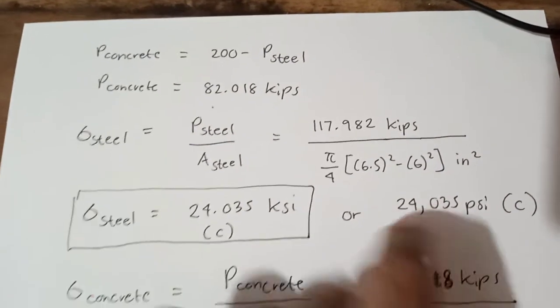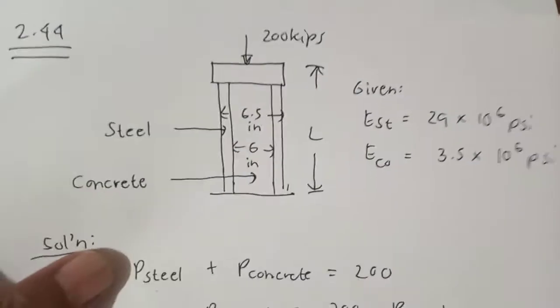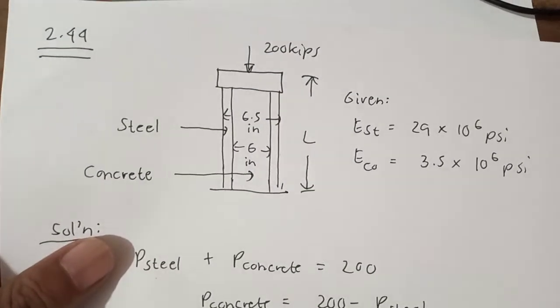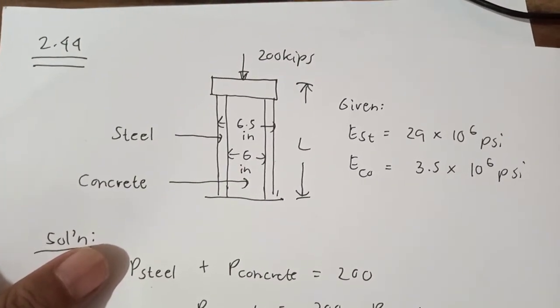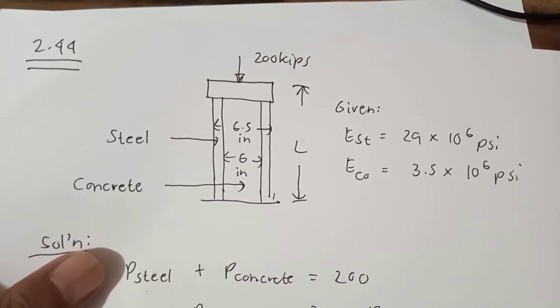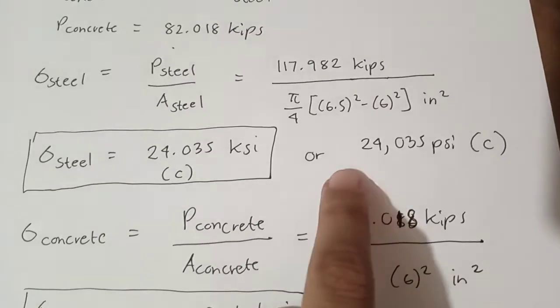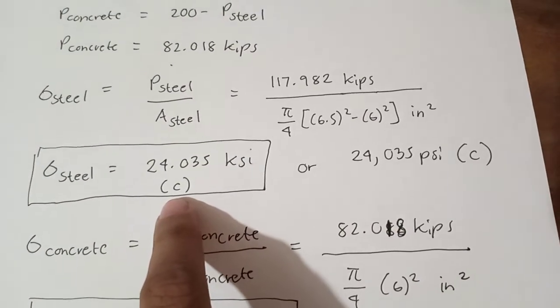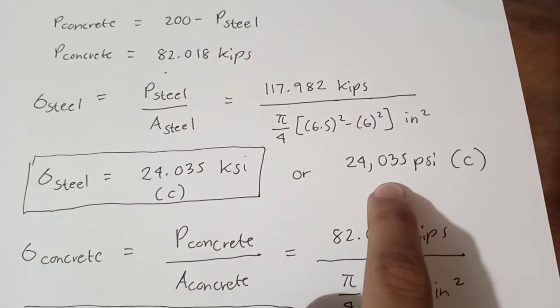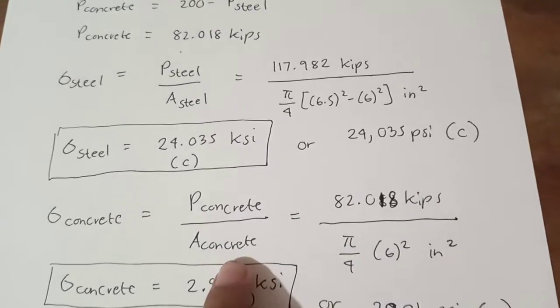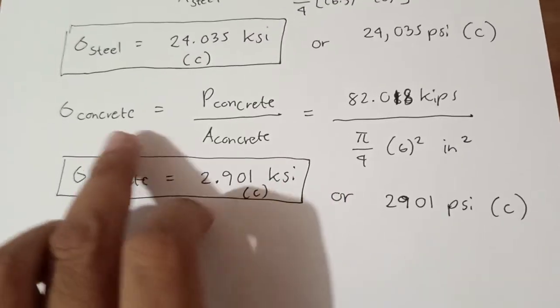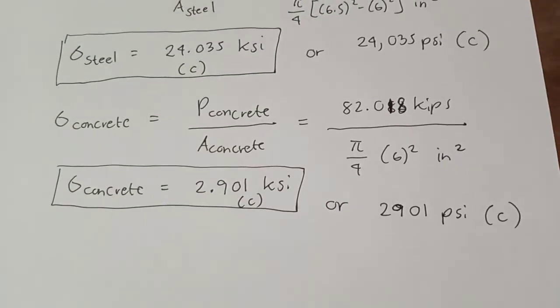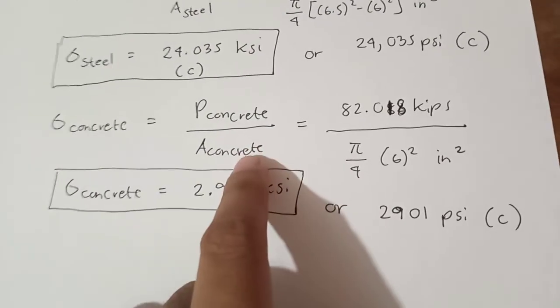Since the load tends to compress the system, it is compression. So 24.035 KSI or 24,035 PSI in compression. And we have the stress in concrete, which is equal to P concrete over A concrete.